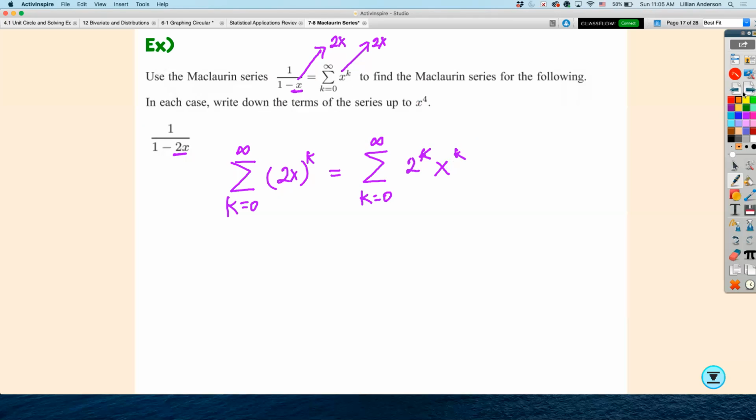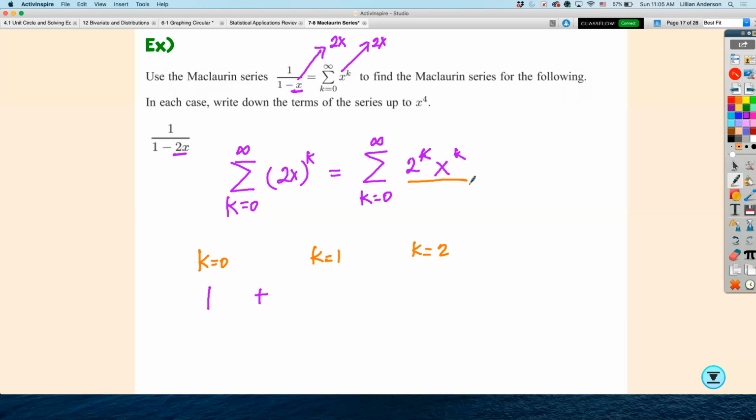So that means that we're essentially going to plug in 0, we're going to plug in 1, we're going to plug in 2, and however many more after that until we get to the point that we have x to the fourth. So when we plug in 0 into that function 2 to the k, x to the k, we are going to get 2 to the 0 power, which is 1, x to the 0 power, which is 1, which essentially is 1.